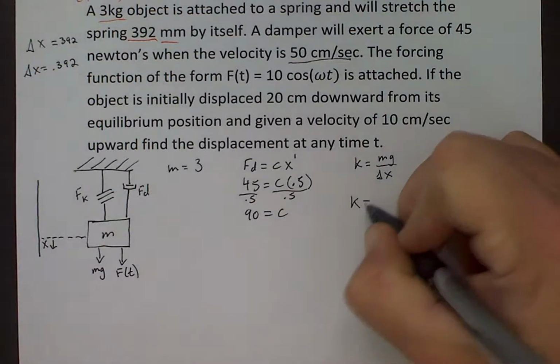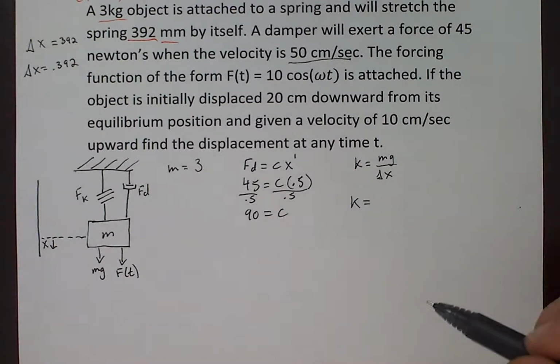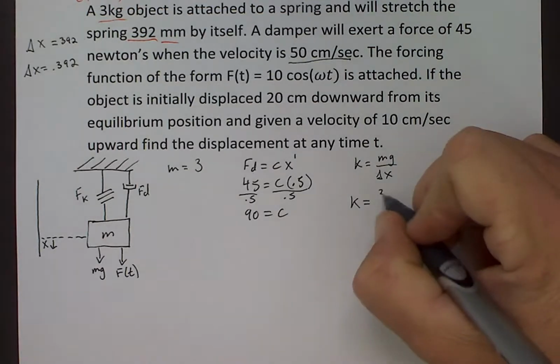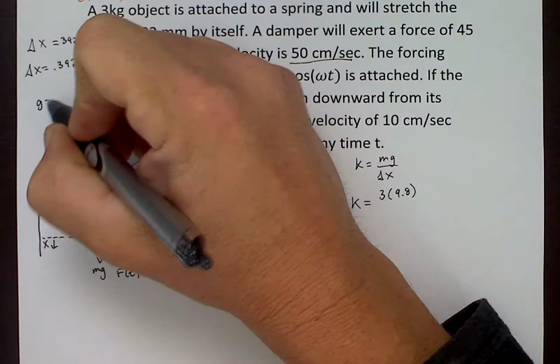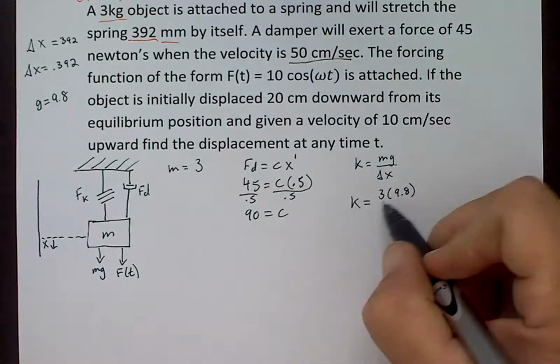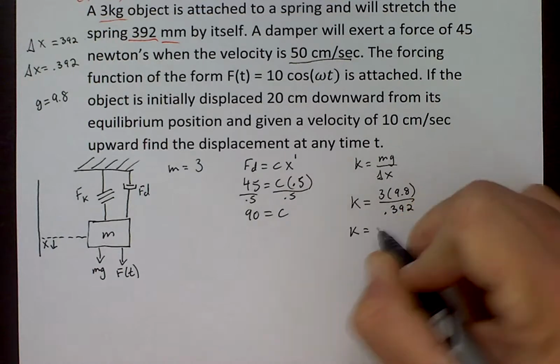I can't listen to myself, otherwise I have to wait for myself to stop talking. All right, mg, m is 3, gravity is 9.8. Change in x, 0.392, same as the last problem, we get 75.